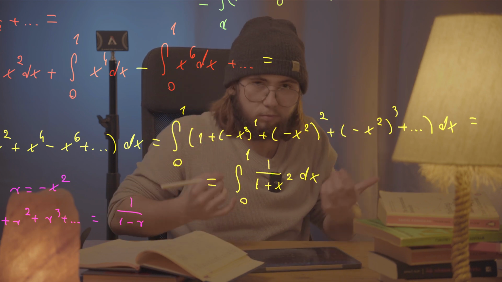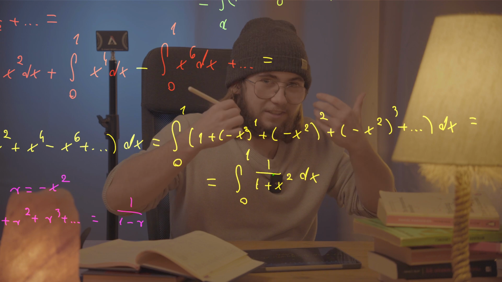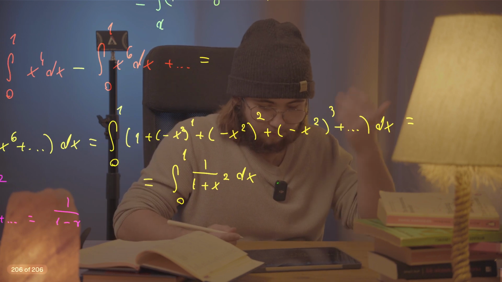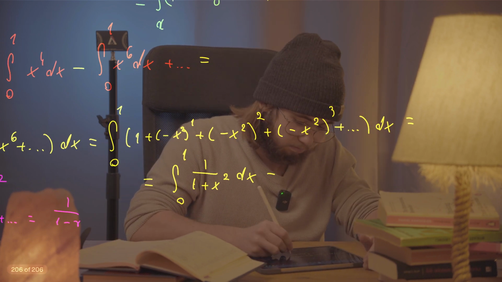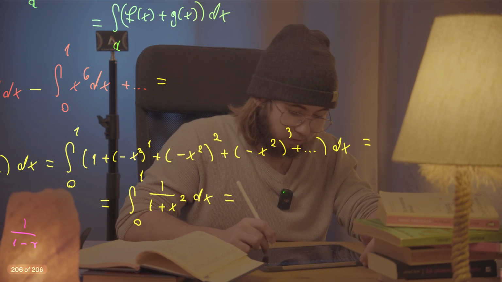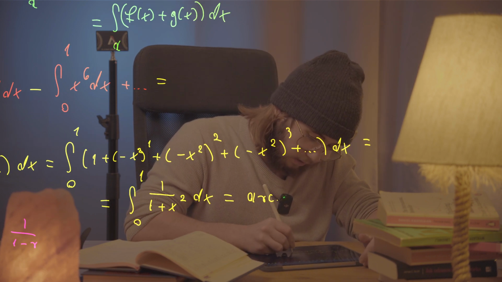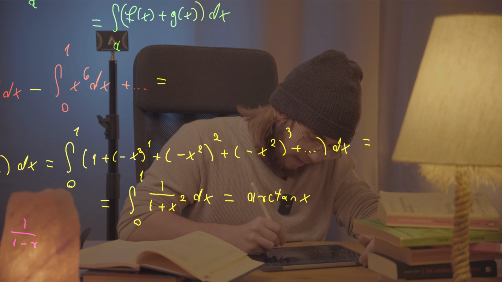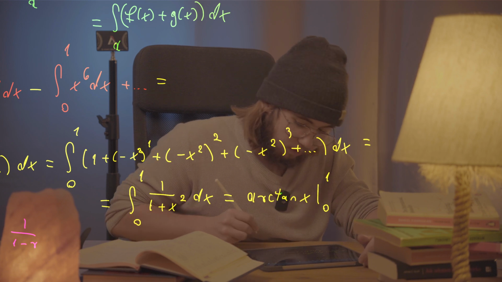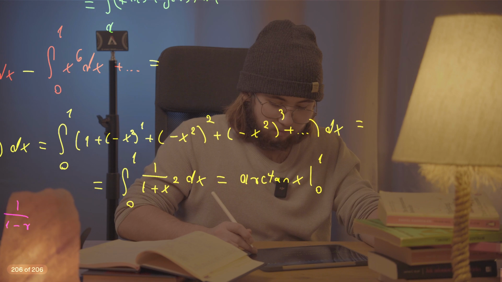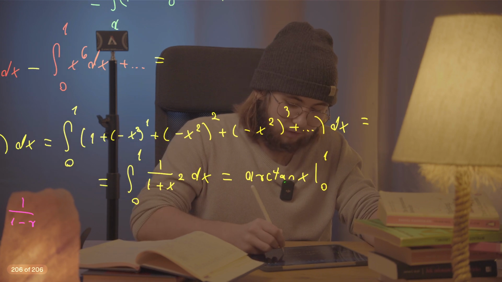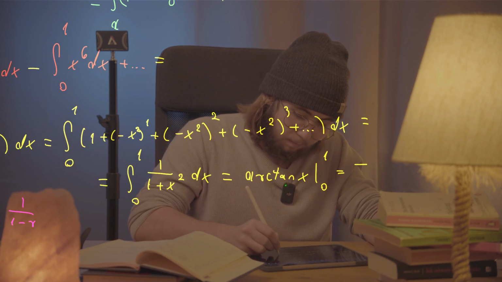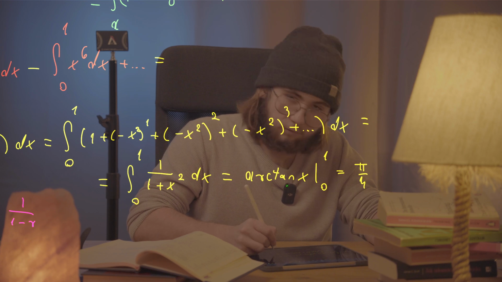But you should recognize this thing. This is just the arctangent of x, or as Americans like to call it, the inverse tangent of x, or whatever. So it's going to be the arctangent of x in the bounds of 0 and 1, but arctangent of 0 is just 0, so this is going to be pi over 4.